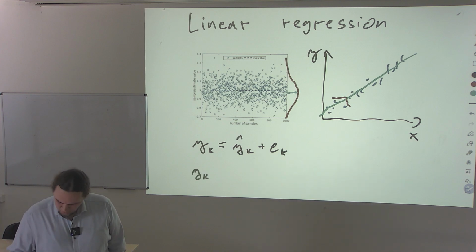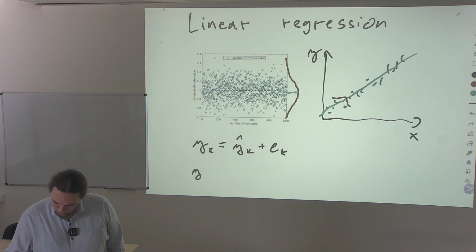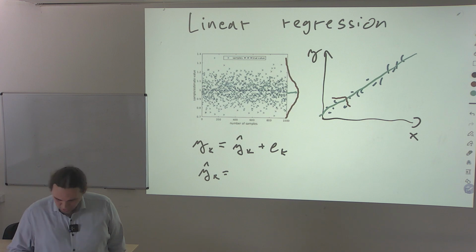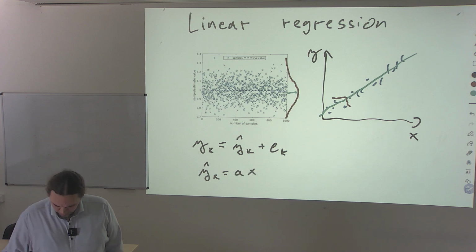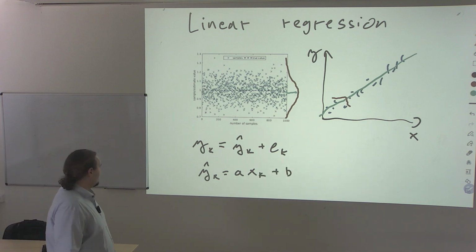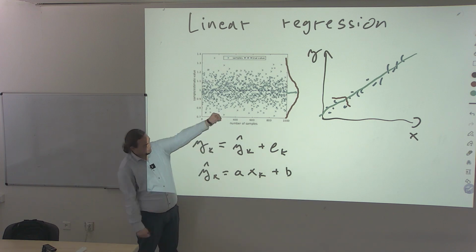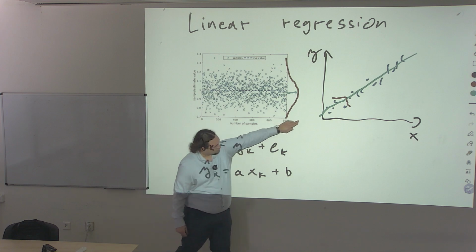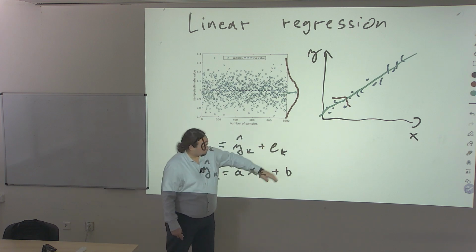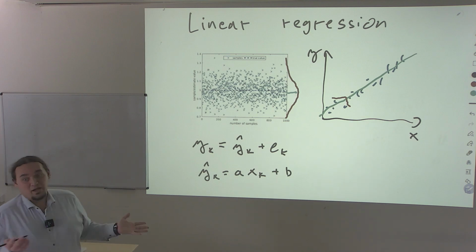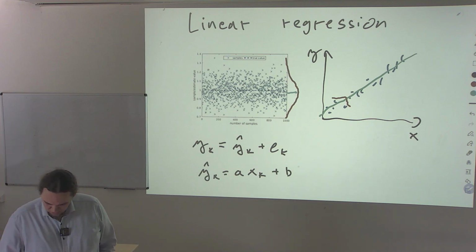So let's put it this way. Our model, our prediction, will be, let's have it as simple as possible, just a line that will be parameterized by two values: the slope of this line, and the abscissa intercept, offset, or bias.